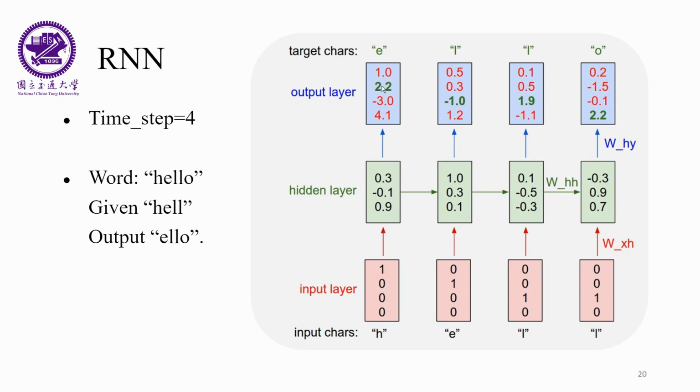So in our case, the input size is 20, and the hidden size is 128. That's our case.